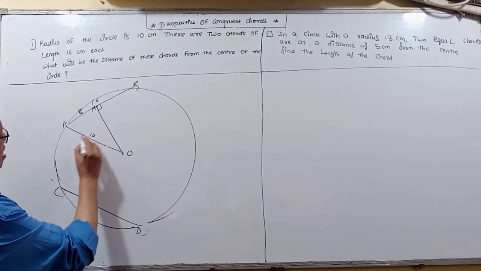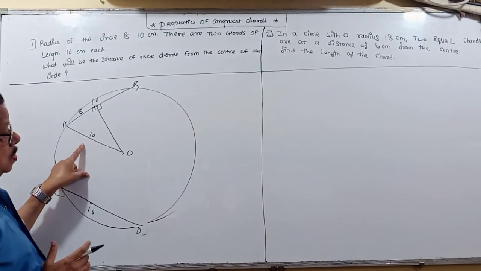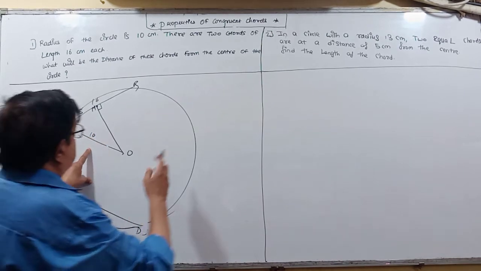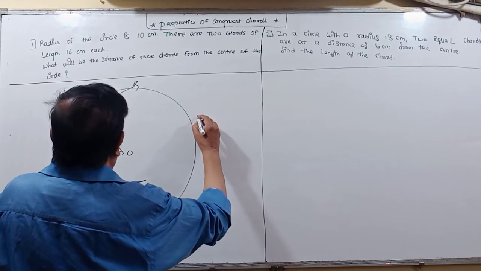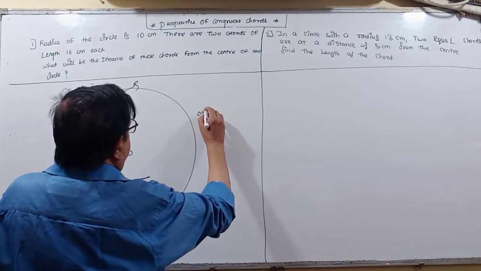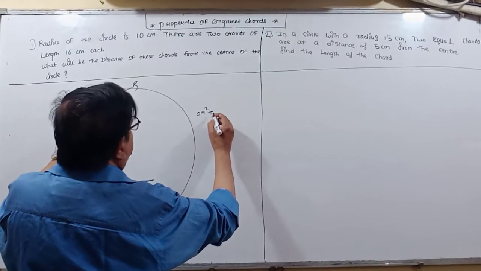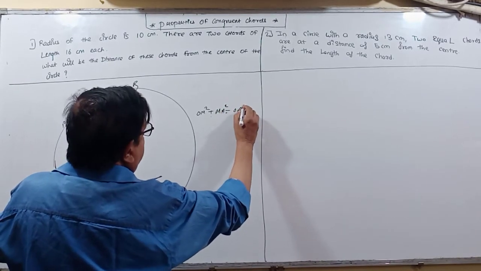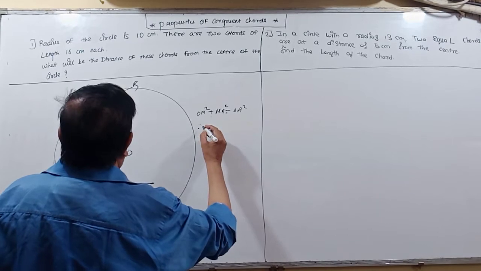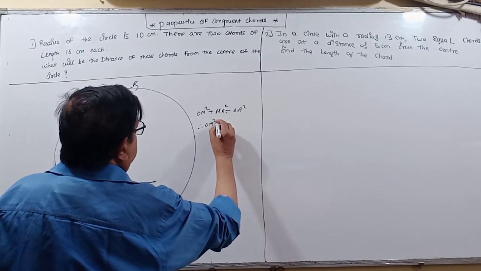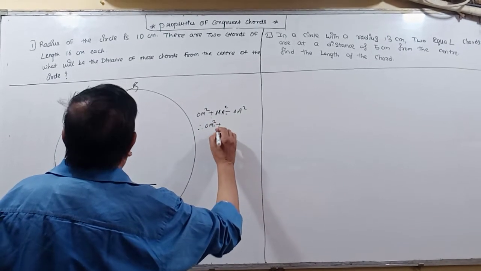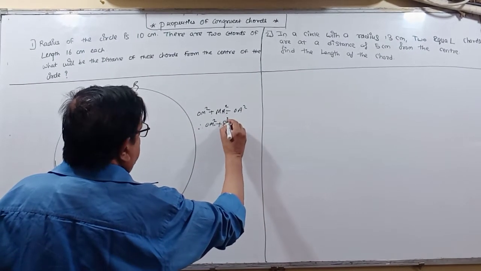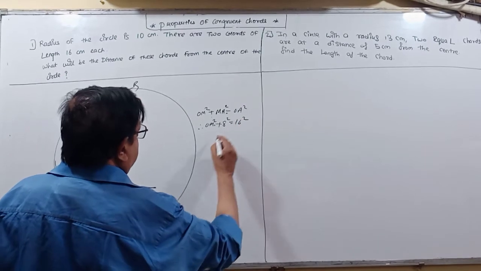Now what will we do? Look, this is a right angle triangle. We use the Pythagoras theorem. OM square plus MA square equals OA square. Therefore, OM square equals OA square minus MA square, which is 10 square minus 8 square.